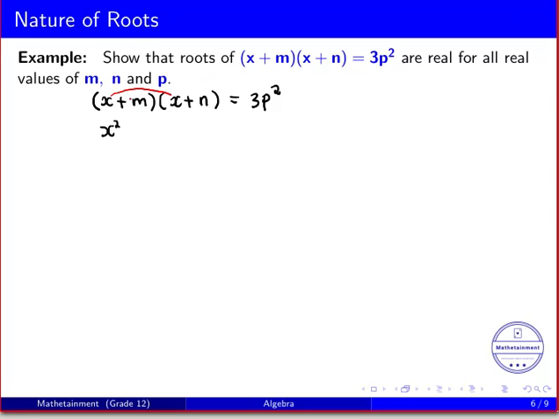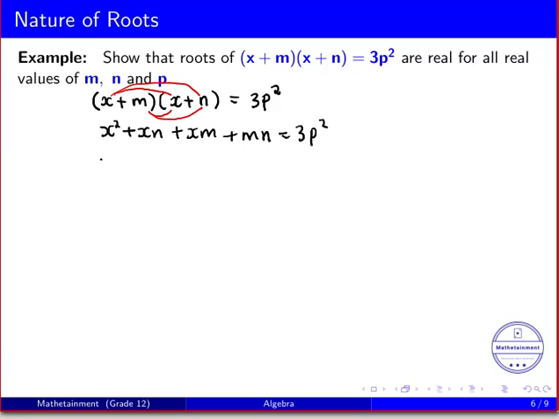And then x multiplied by n, we're going to do it slowly so that everyone will follow. We're going to get xn. And then now we have m multiplied by x, and that gives us xm. And then now we are going to have m multiplied by n, and that gives us mn. And this is equal to 3p squared.